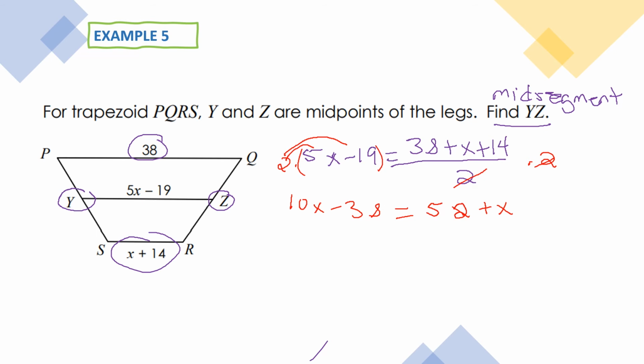Now I still just want to use my algebra skills to solve this equation. I'm subtracting x. I'm left with 9x minus 38. Sorry about the random lines, my tablet is being a little glitchy right now. Alright, and then I'm going to add 38. Just solve this two-step equation. Adding 38 to 52, 9x is equal to, I think, 90.